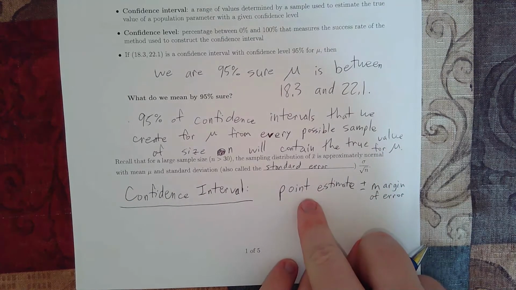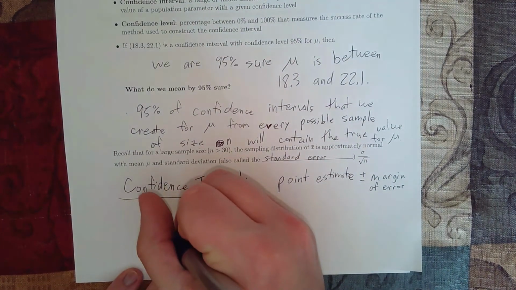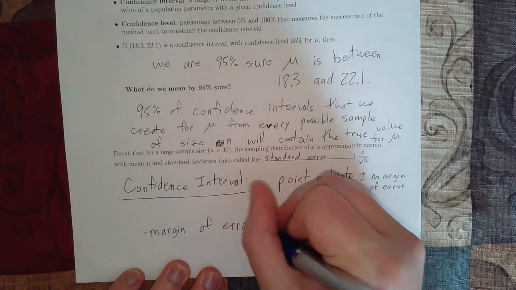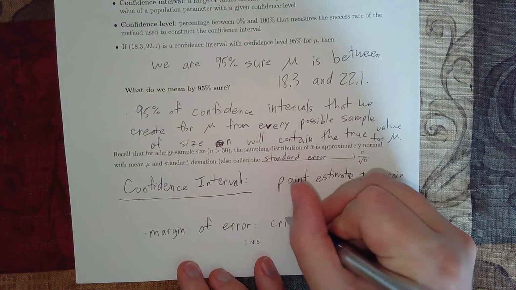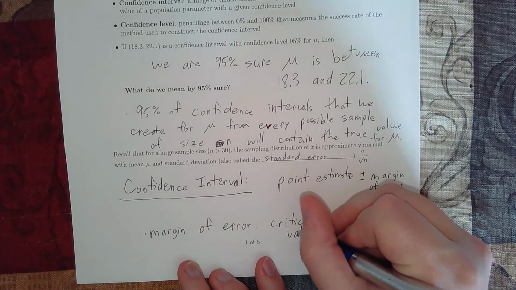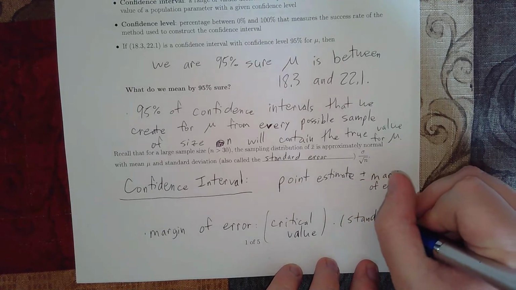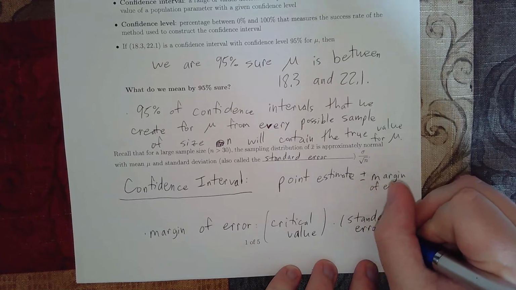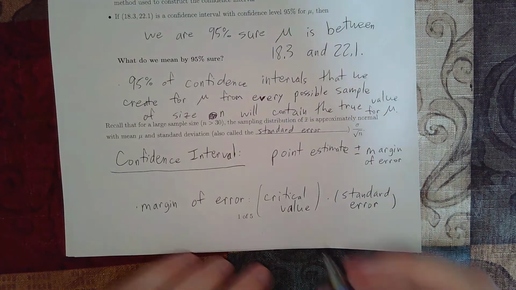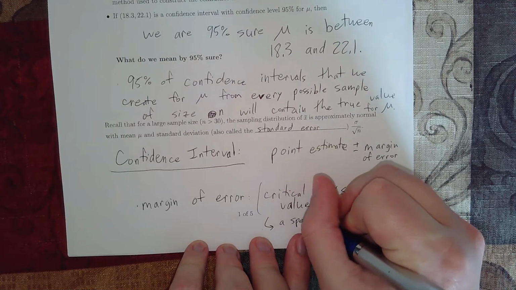Remember, our point estimate is going to be x bar, and our margin of error is going to be equal to some critical value times the standard error. How we find this critical value will change a bit based on what exactly we're doing, but it's going to be a specific percentile related to our confidence level.